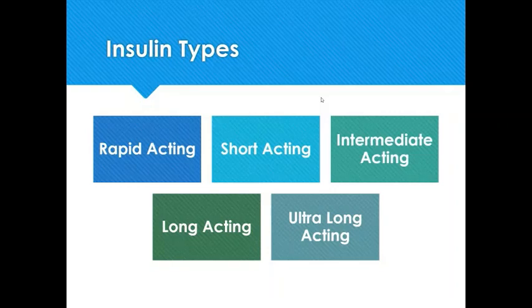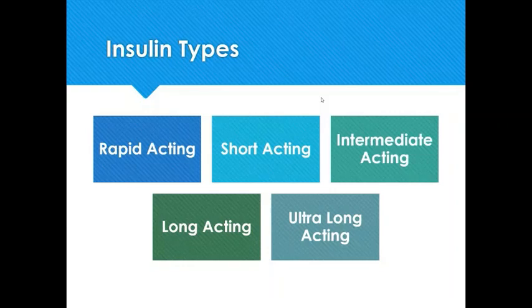So there are 5 different insulin types, and they mainly differ in their duration of action. A rapid-acting insulin, such as Humalog, has a duration of action of 4 to 6 hours. Short-acting, Humulin R or Novolin R, has a duration of action of 6 to 10 hours.